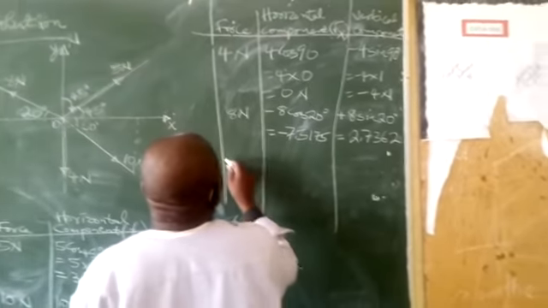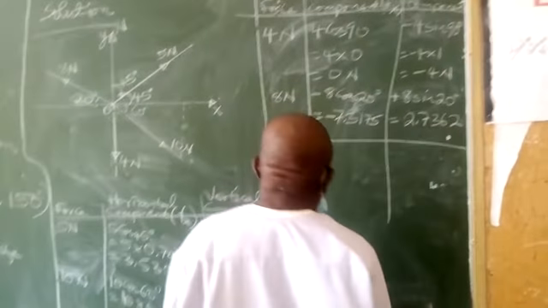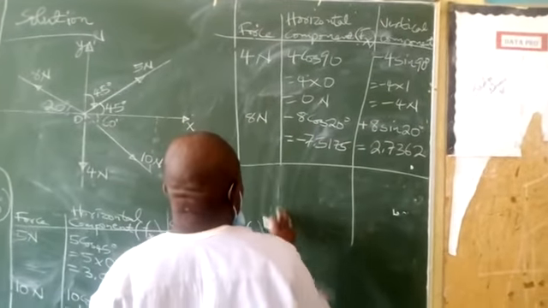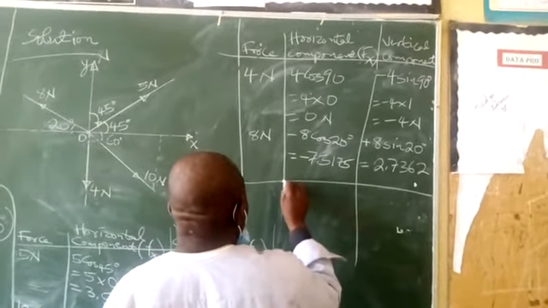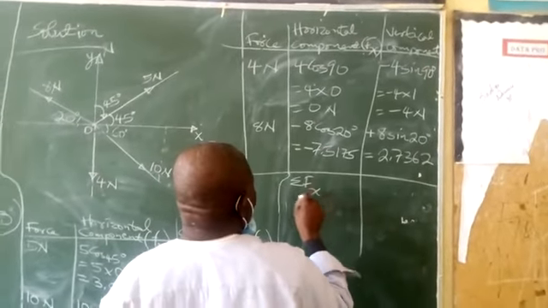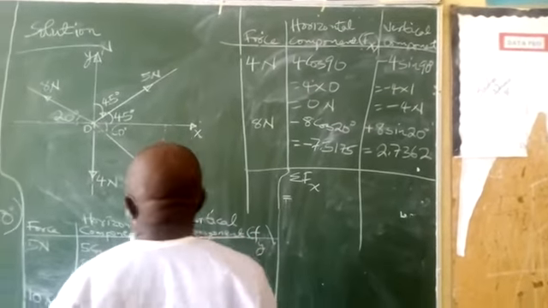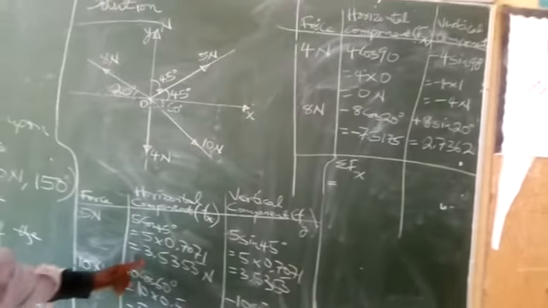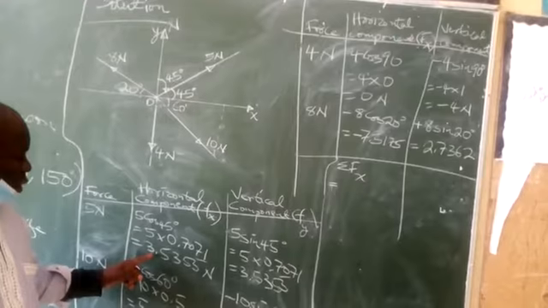Now, the next thing is to find the summation. So summation F of x. Now, starting from here, it's 3.5355.